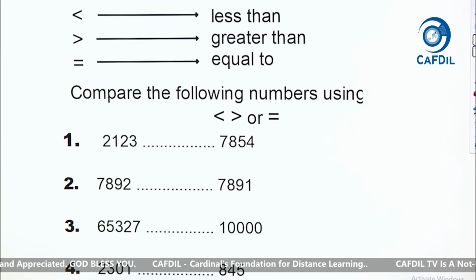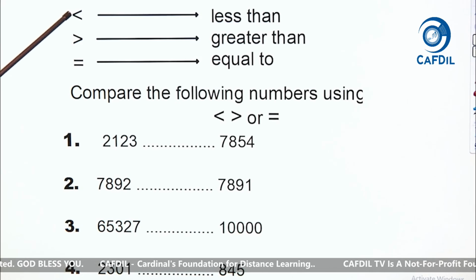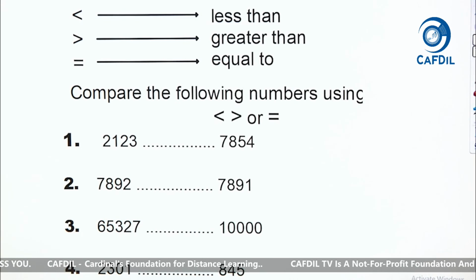All right. The first sign, you have this, and it is not new. This sign is the less than sign. So wherever you see this sign, it is the less than sign. And this is how we spell it. This is the symbol, less than.